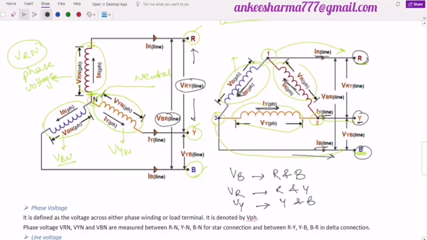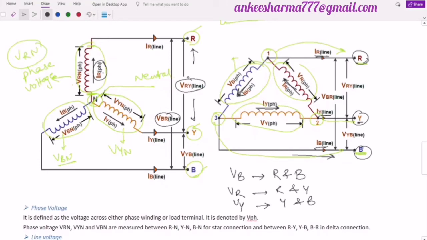Whereas if I consider the star connection, I can say here that IR, the phase current across the red coil, is equal to the current across the R terminal, because they are all connected in series. So the IR that is your phase current is also your line current.